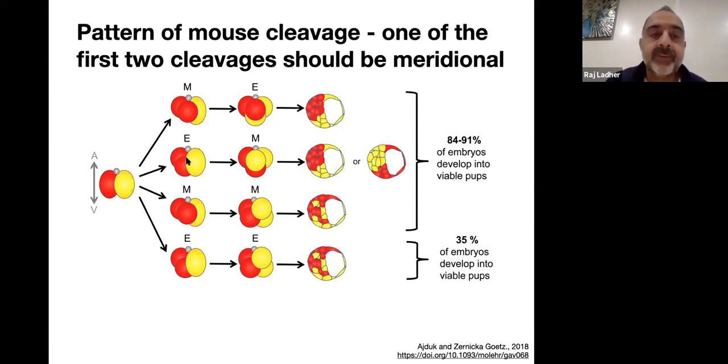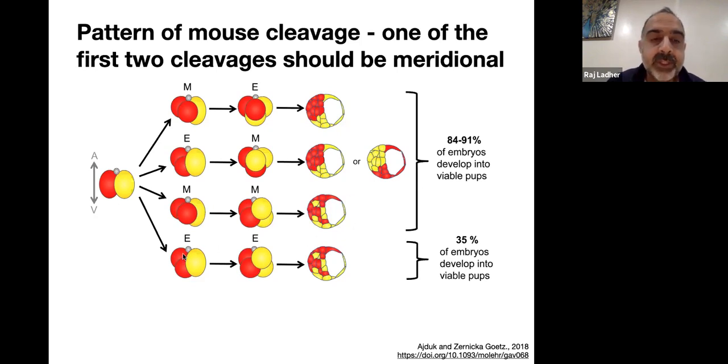Even when the first cleavage is equatorial and then the second one is meridional, we get the same kind of distribution. If we have two meridional cleavages, then the cells are distributed throughout the lineage. So what these cells will give rise to is distributed throughout the embryo.